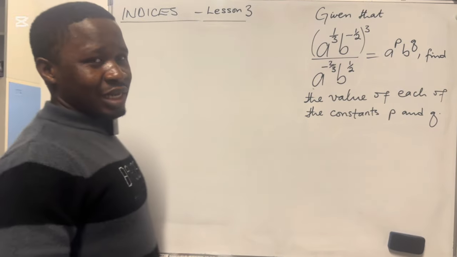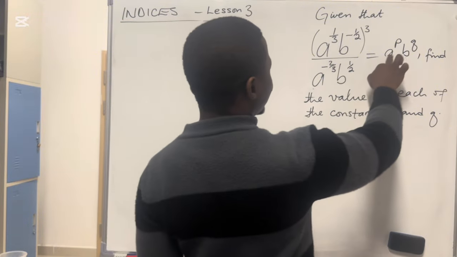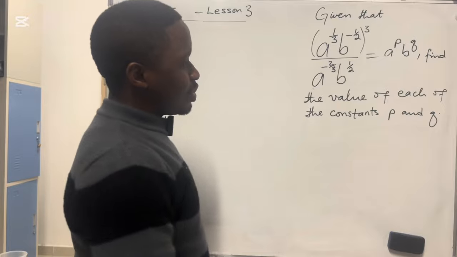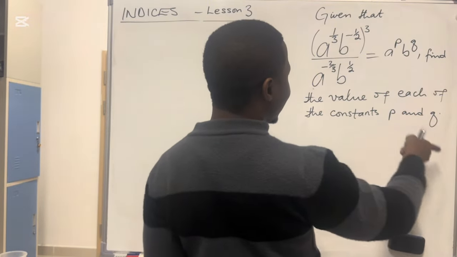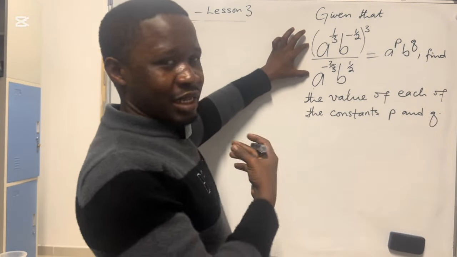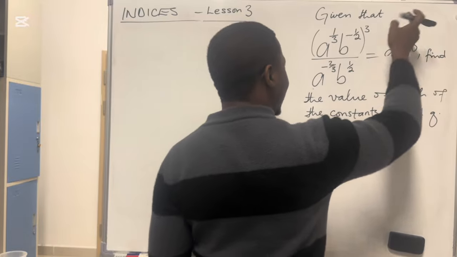We have a question here that says, if this fraction is equal to a to the power p, b to the power q, then we are to find the value of each of the constants p and q. This fraction does not contain p and q, but it is equal to something that contains p and q.